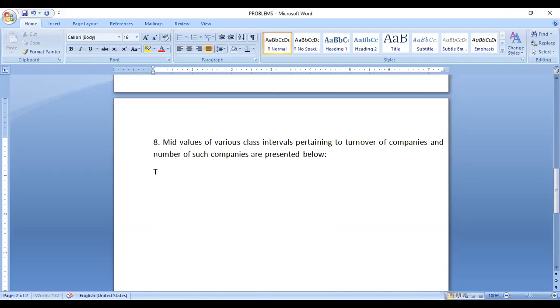Turnover in rupees, then number of companies.